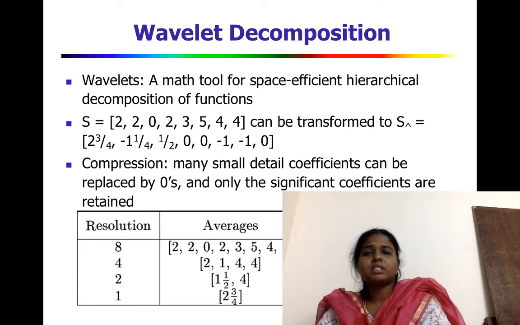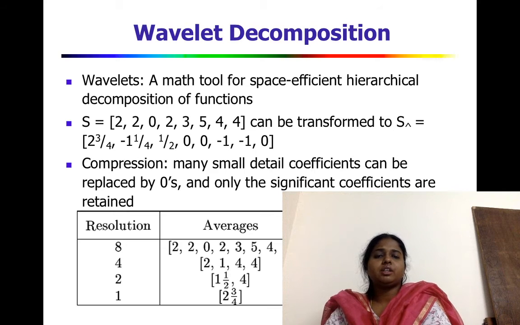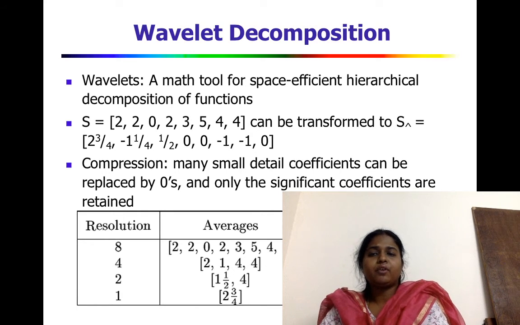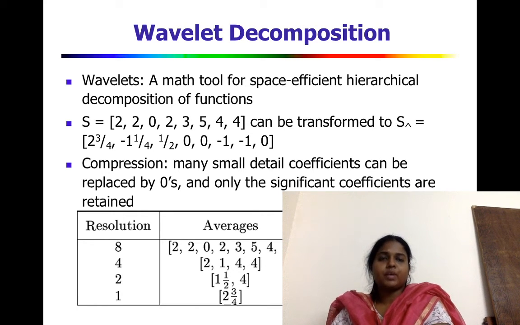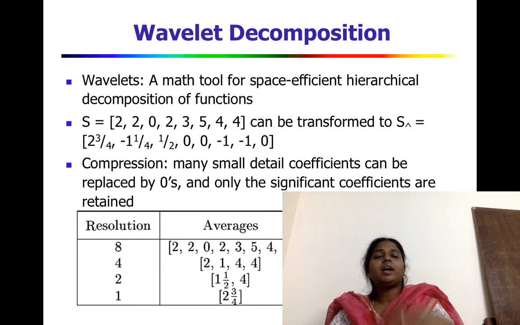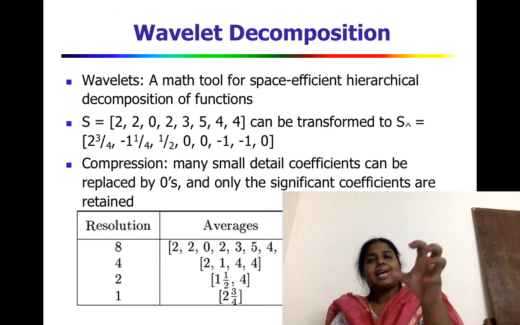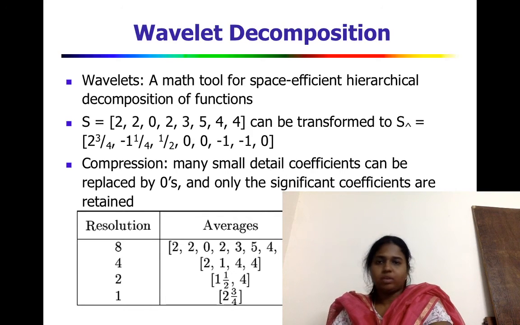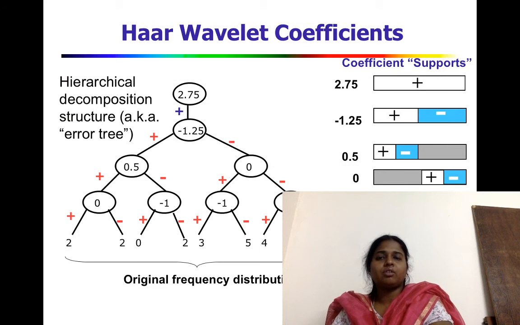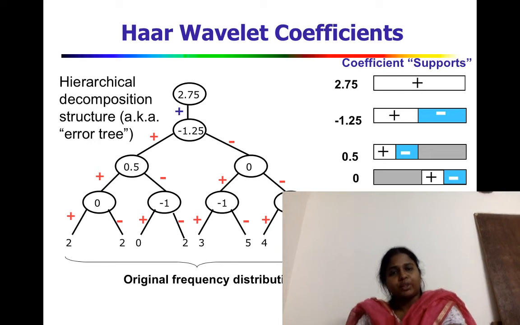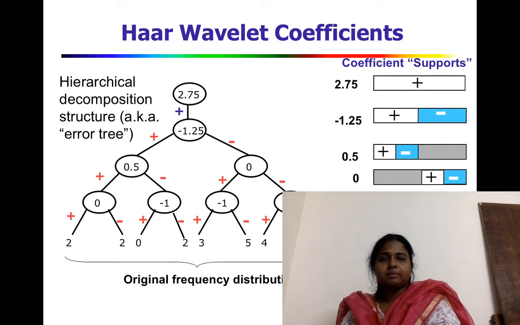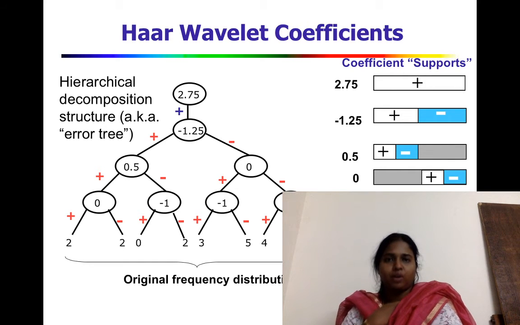What they do is, I can define a function and define some resolution at which I perform the function, and I repeat that function multiple times to get the essence out of it. You need not understand the mathematical computation of this; this is just to give you an idea of how wavelets work.